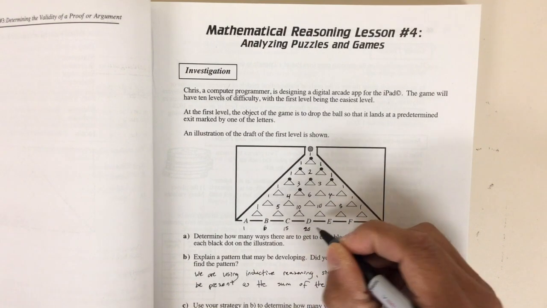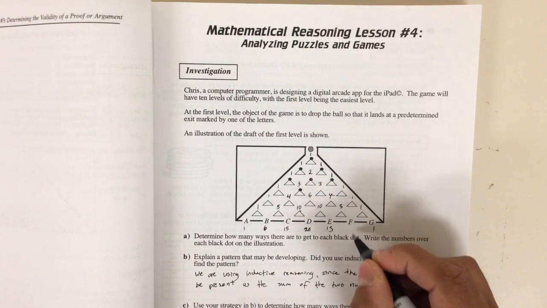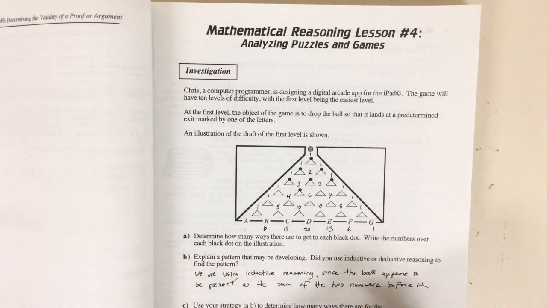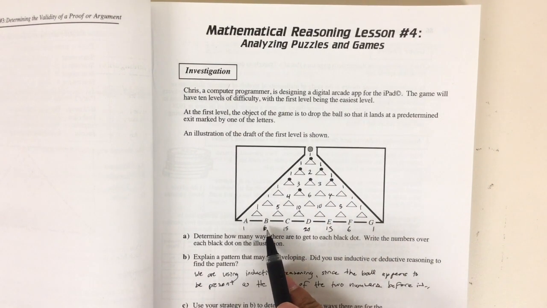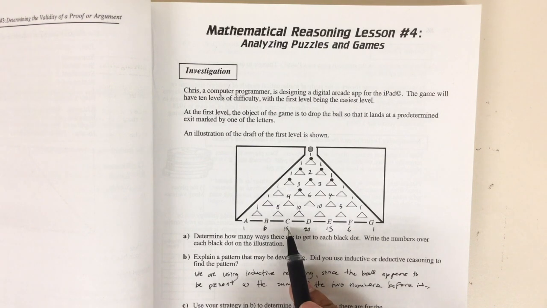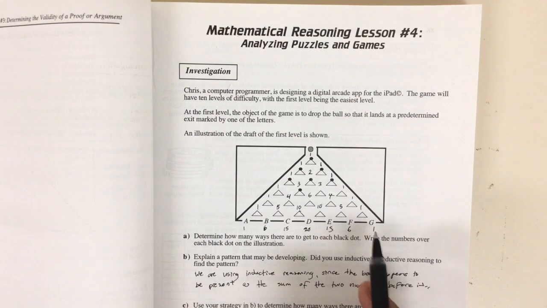So to get to D would be 20. And then we would have 15, 5 and 1 is 6 and 1. And so that means there's only one way you can get to A, but to get to B, there's 6 ways. To get to C, there's 15 different ways. To get to D, there's 20 ways. E, 15, F, 6, and G, 1 way.